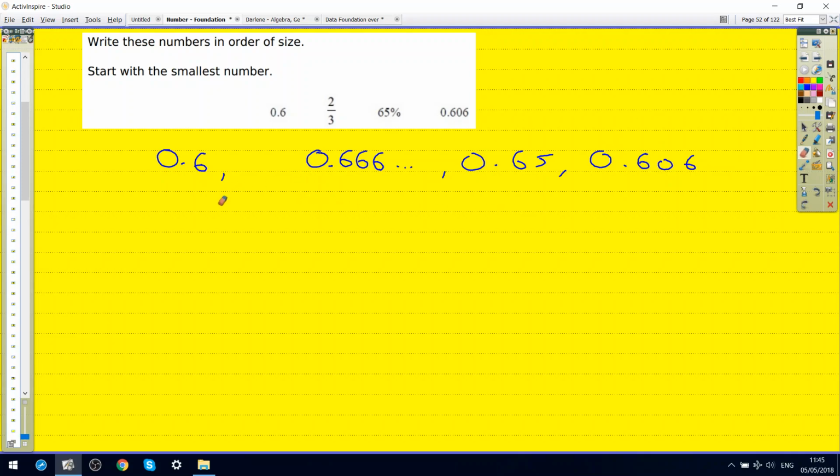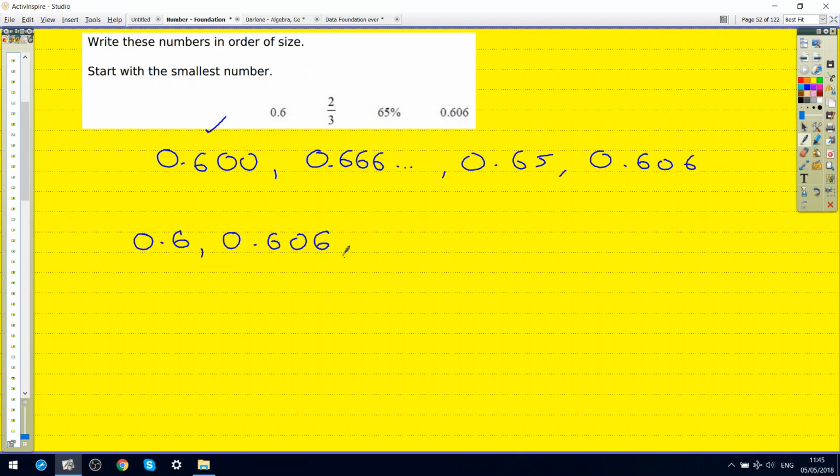So you see this first one, 0.6. That's the same as 0.600. So you can imagine, yeah, so that's the smallest one. Yeah, so that one is very slightly bigger.